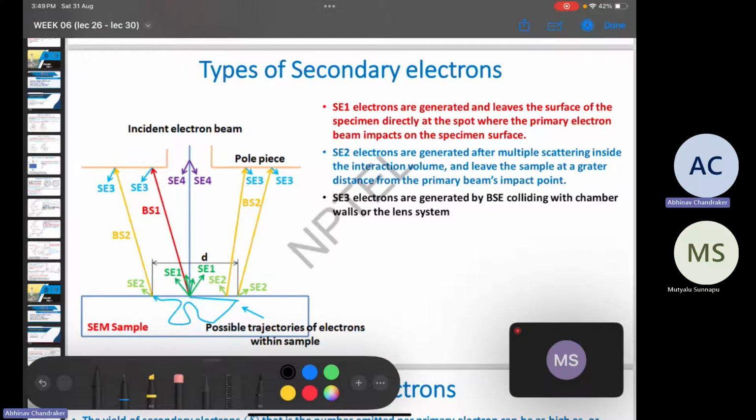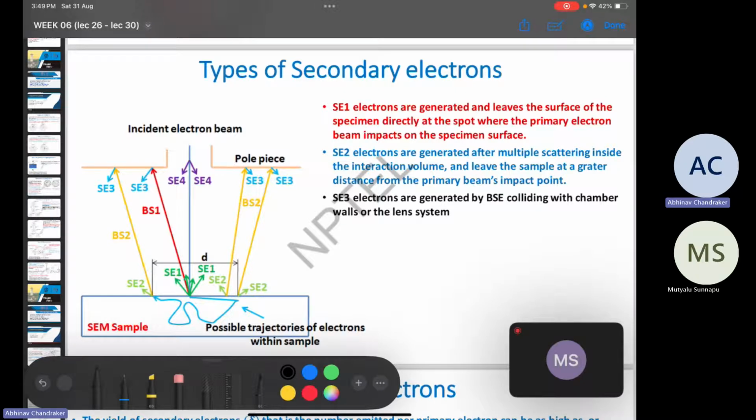Okay, so SE3 we can see here. SE3 are those secondary electrons which get generated not from the sample but from the other parts of the SEM machine, for example, the container of the machine or some components in the machine. What happens is that the backscatter electrons, which have very high energy in kilovolts, can cause secondary electron emission from other parts of the machine.